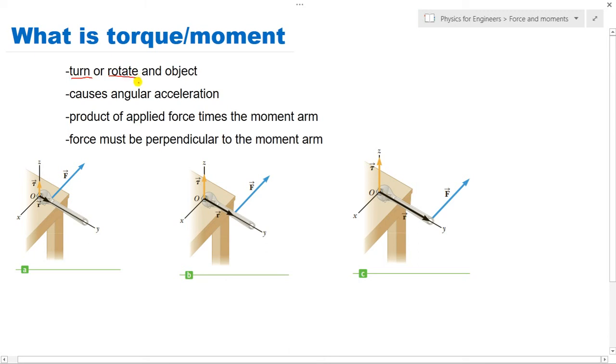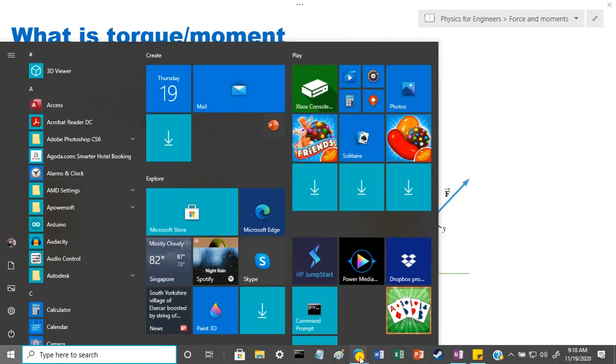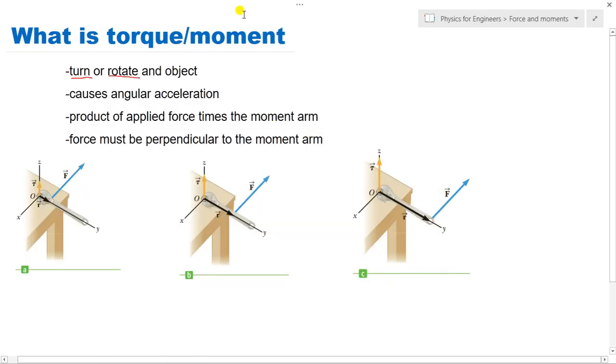Say you're going to open the cap of a Coke or Pepsi, you exert a certain force over a certain moment arm or torque arm. What you generate is called torque or moment. If you're confused, torque and moment are the same. Theirs is force times distance, and torque and moment cause angular acceleration.